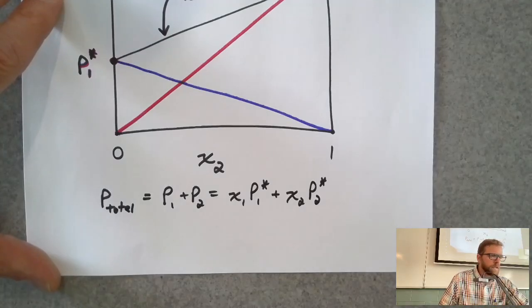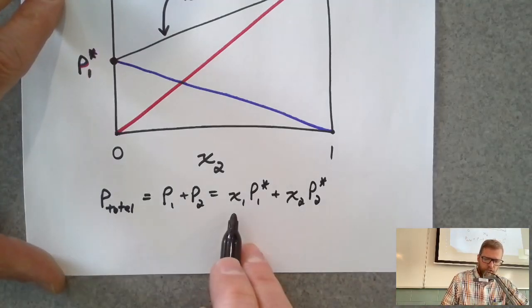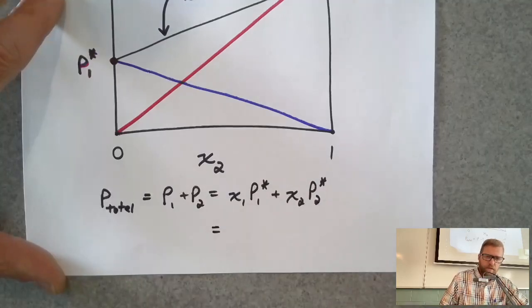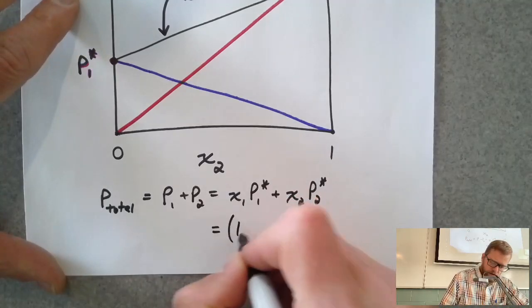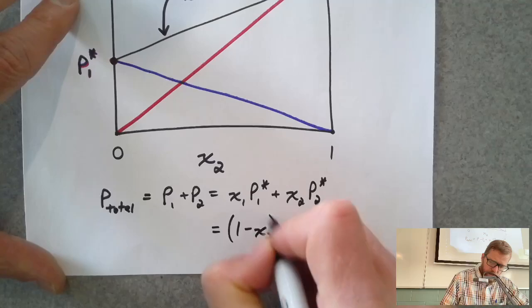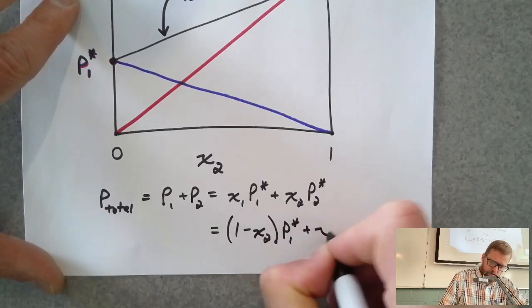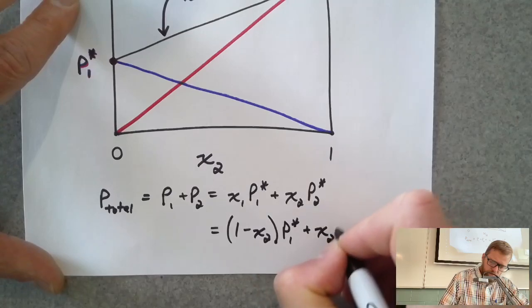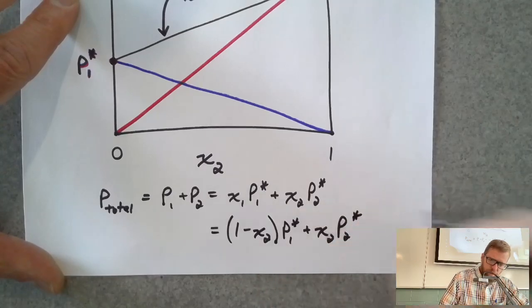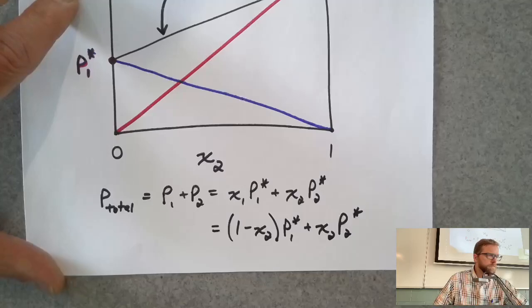And then noting that X1 plus X2 equals 1, I can plug in 1 minus X2. And I get this.